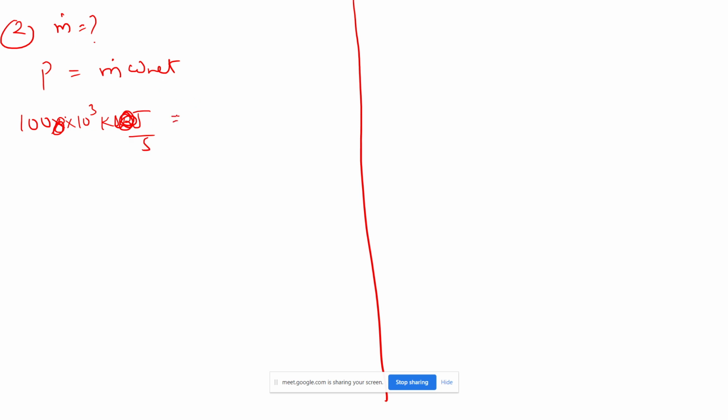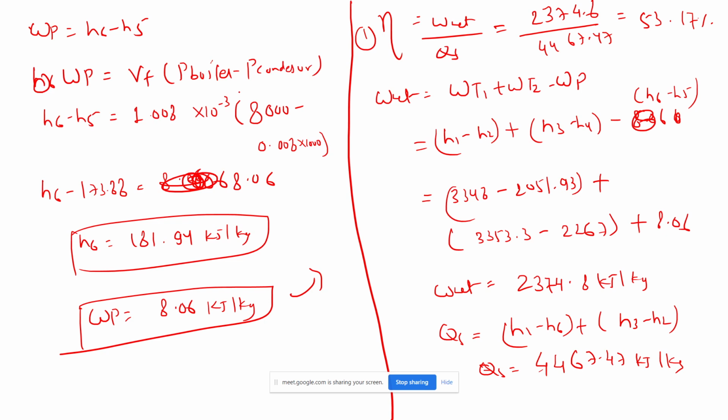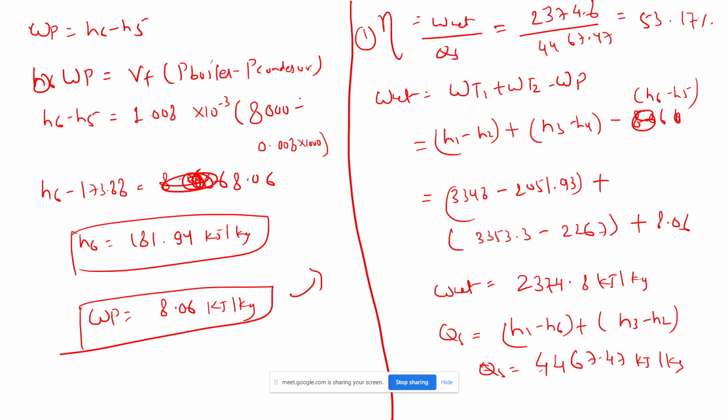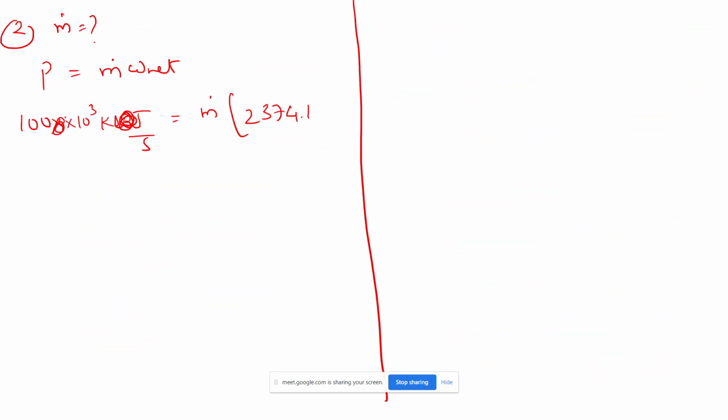Okay, so we will write like this: mass flow rate will be m dot, and the net work done we have got 2374.8, it is kilojoule per kg. So kilojoule will cancel out, and mass flow rate we will get in kilojoule per second.